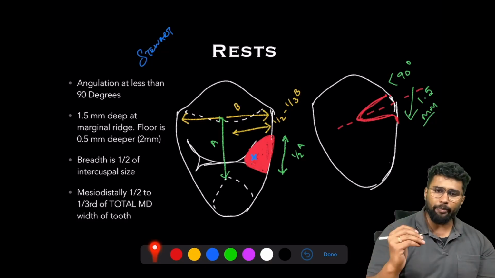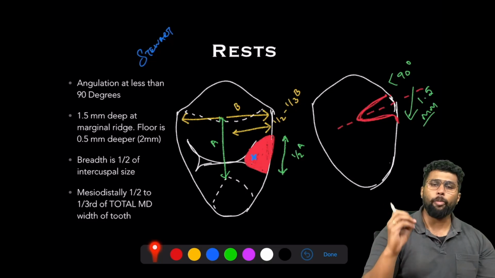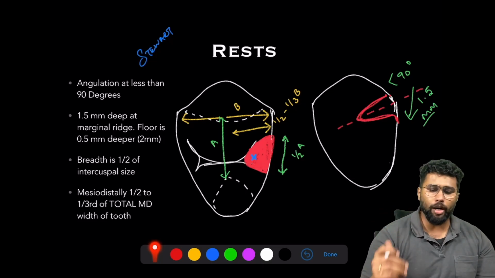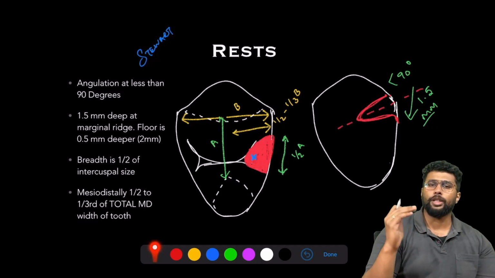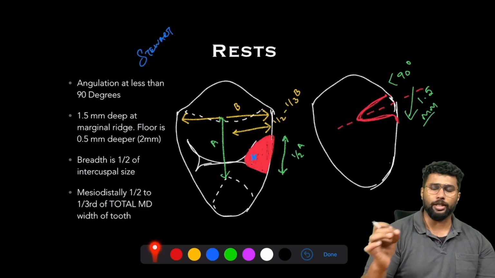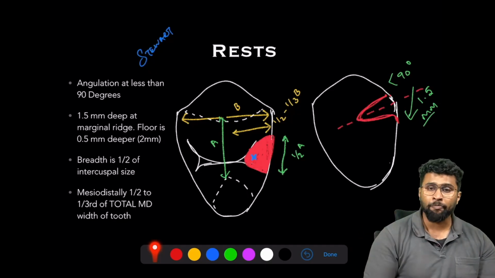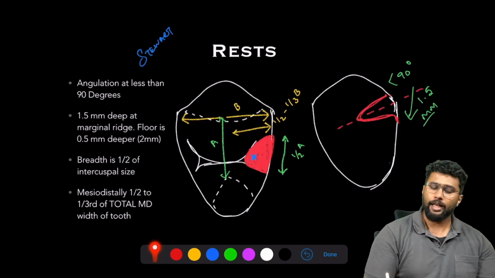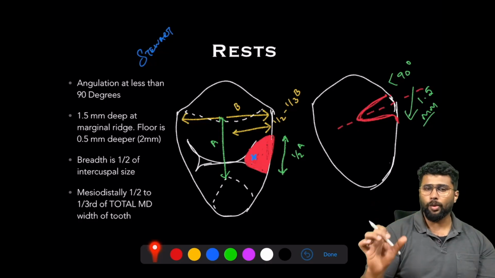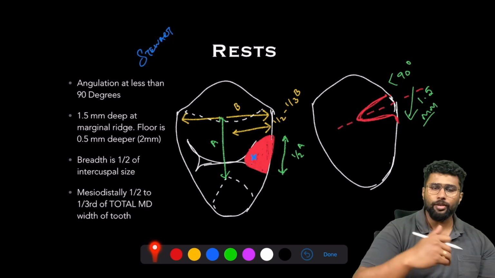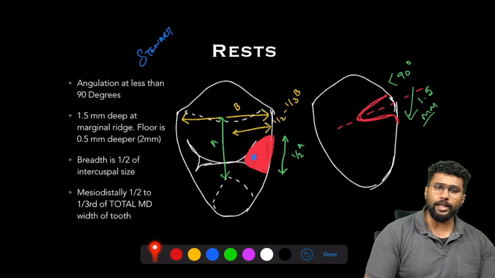And the depth of your rest should be 1.5 millimeters below your marginal ridge. So when you're preparing your rest, you should always make sure that you reduce the marginal ridge by at least 1.5 millimeters. Then additionally, you also have to take into consideration the width and the mesiodistal length of your rest preparation.